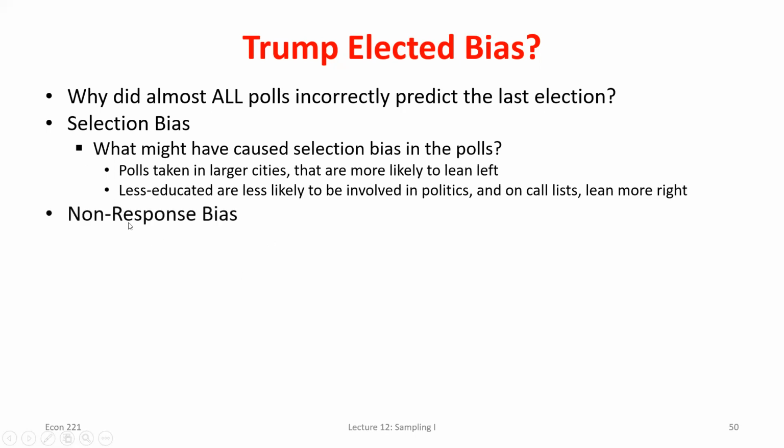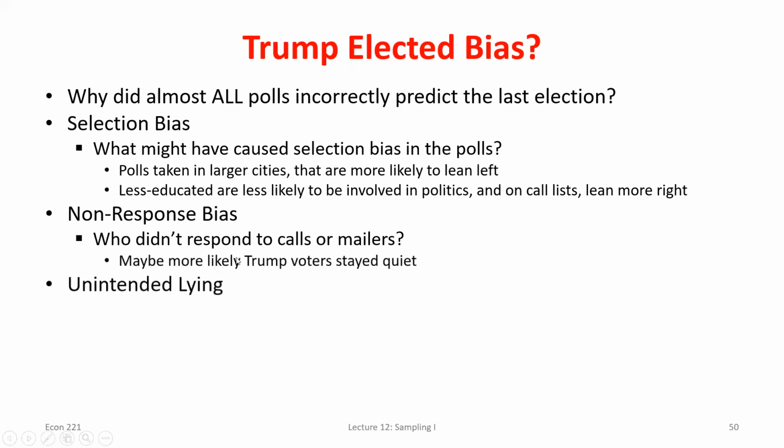But what they can't quite do, especially when undecided is a potential answer, right? There's probably a lot of people who, if I call them and ask them who they're going to vote for, might just tell me undecided, even if in the back of their mind they kind of know who they want to vote for, right? And I think they did some exit polling, or had some survey data in this paper that I'll post, that showed that the non-response bias, or this indication of undecided, was higher among people who ended up voting for Trump when they looked at exit poll data, versus people who voted for Clinton.